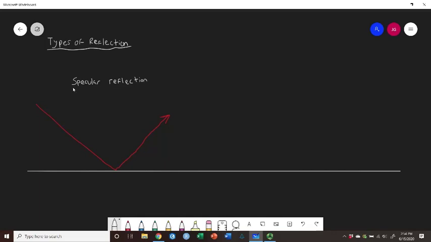Specular reflection is when the radiance leaves in one direction. Radiance is the energy that is leaving the system; the outgoing radiation is radiance.